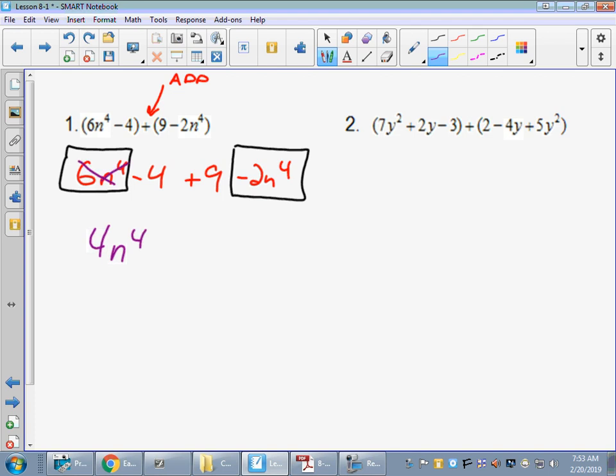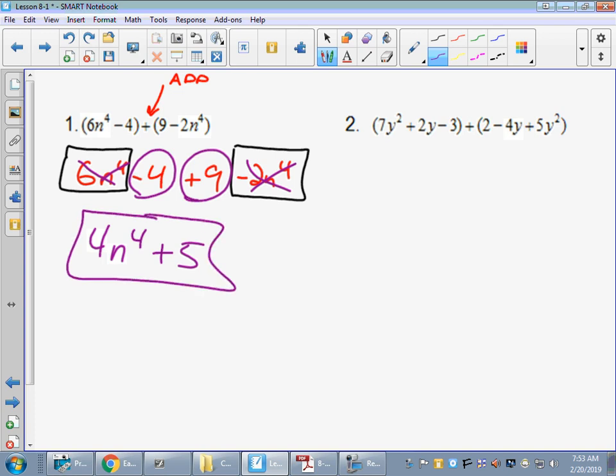And then I just cross those out so that I know that I'm done with them. Okay? Are there any other terms that I can combine? Sure. We've got this negative 4 here and this positive 9 here. There's two constants. So I can combine those. Negative 4 plus 9 gives me a plus 5. And that would be my answer of adding that polynomial.